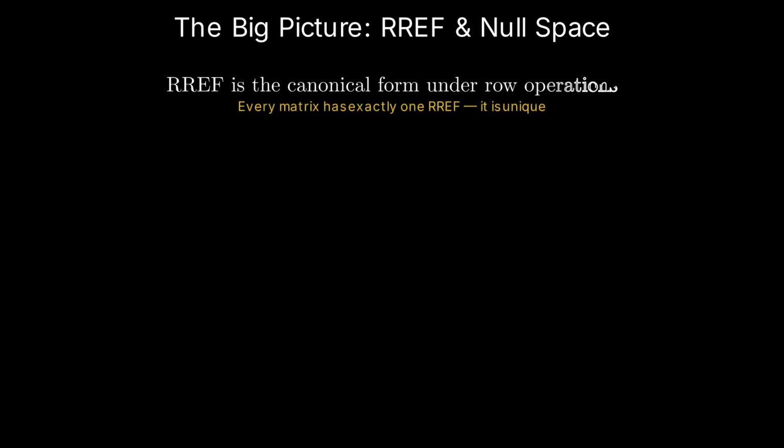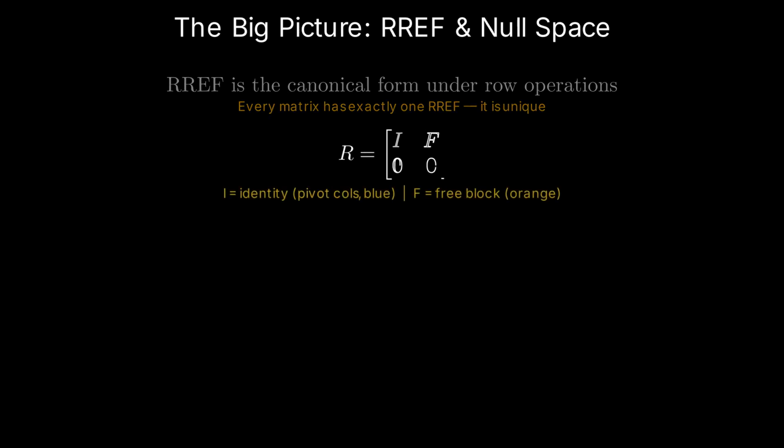Let's zoom out and see the big picture. Reduced row echelon form is the canonical form of any matrix under row operations. Every matrix has exactly one RREF. It is unique. That means the null space structure is encoded in a completely standardized way, regardless of the matrix size or rank. Here is the generic RREF matrix R with its block structure.